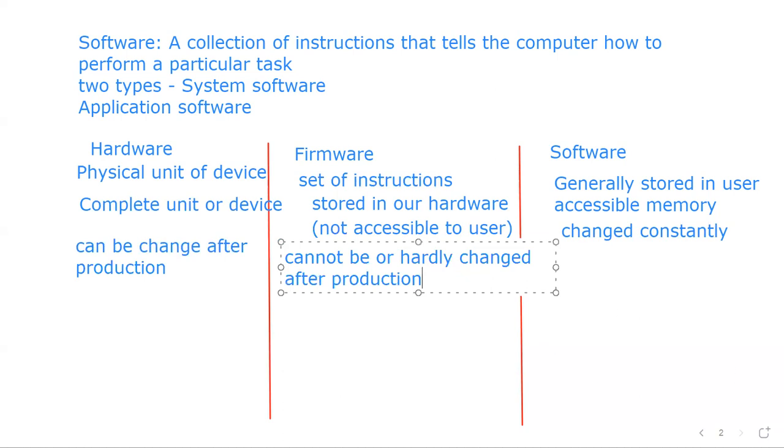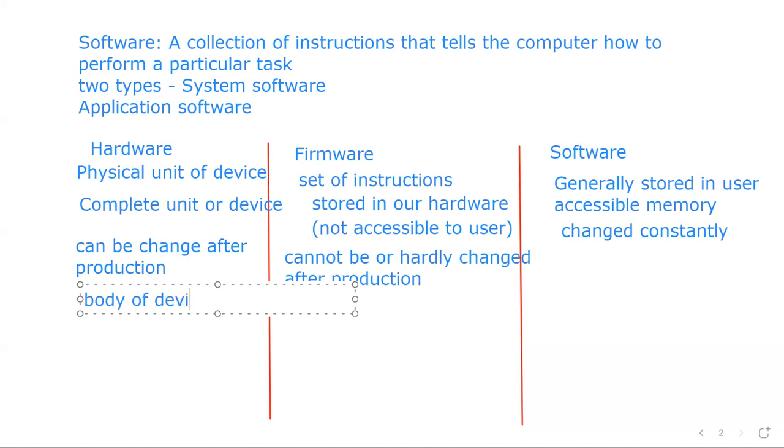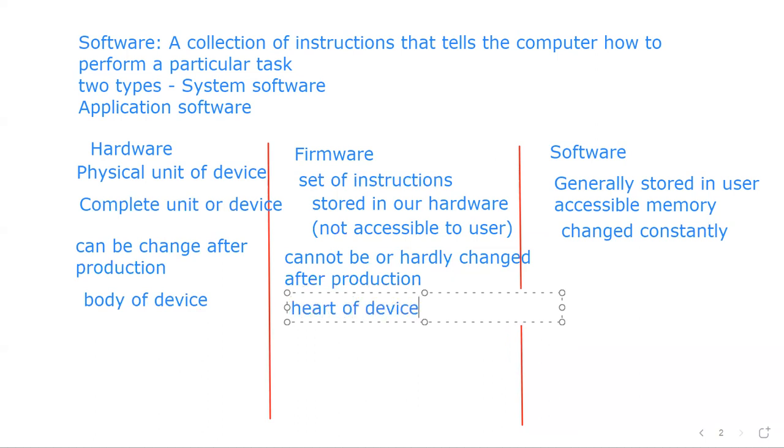We can change our software constantly, right? Next, hardware is the body of the device, just like the body of our phone or laptop. And firmware is the heart of our device. Just as with RAM, the firmware is installed before. Without firmware, the RAM cannot work correctly, so it is the heart of the device.